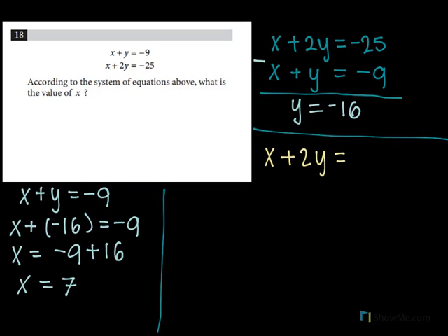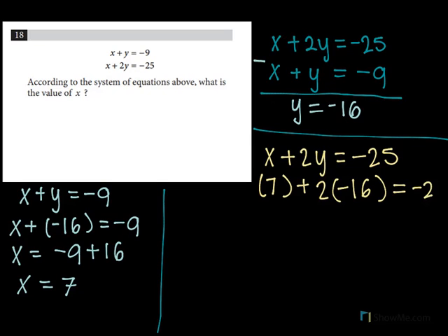plus 2y equals negative 25, and we know that x is 7 plus 2 times y, which is negative 16, equals negative 25. And to simplify, we would have 7 plus 2 times negative 16, which is negative 32, equals negative 25.